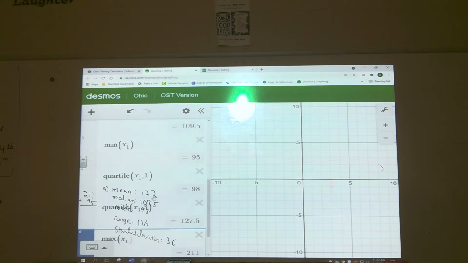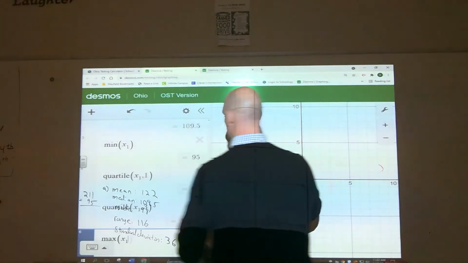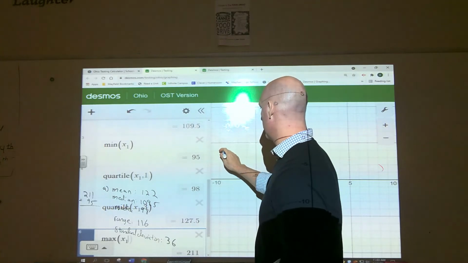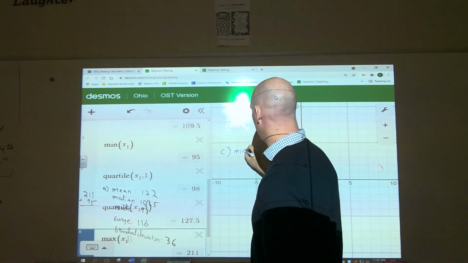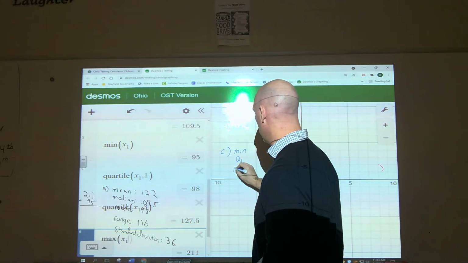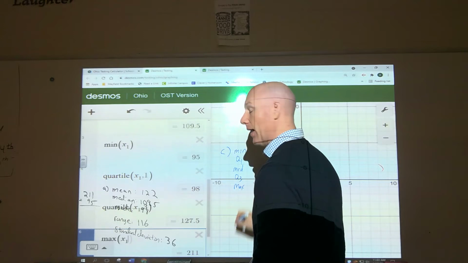So there's my median. We already had that. And now I can see all my information. So I'm just going to write this down for C. I have a minimum, a Q1, a median, a Q3, and a maximum.